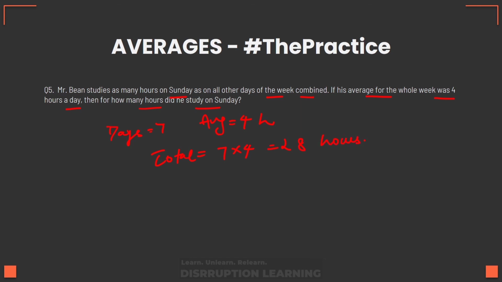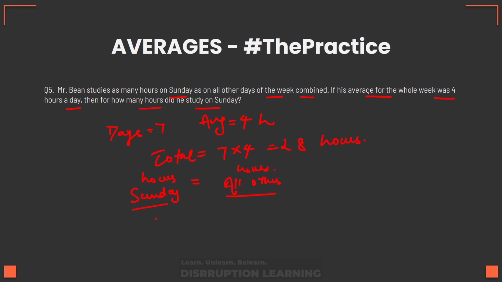Now, as per the question, the whole week is divided into two parts. One is Sunday, and the other is all other days of the week. As many hours as he studies on Sunday, the same hours he studies on all other days, which means the number of hours on Sunday is equal to the number of hours on all other days.